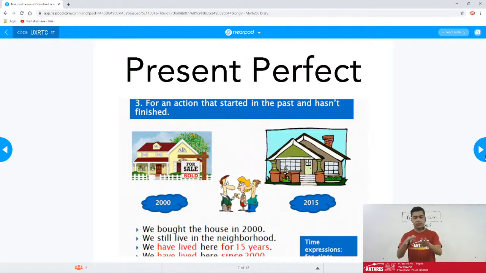So the situation the slide shows: we bought the house in 2000. We still live in the neighborhood. So it would be possible for us to say we have lived there for 15 years. It means that 15 years ago they moved, but nowadays they are still in this house.